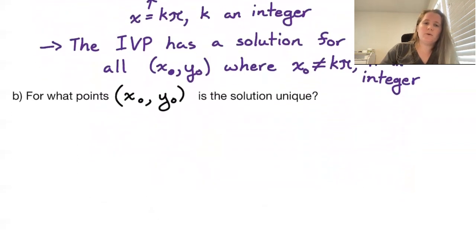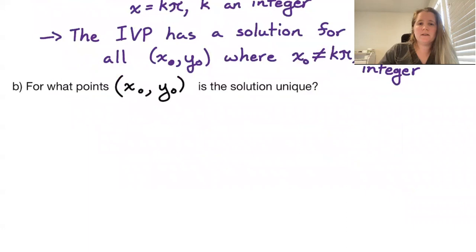Then we want to ask, for what points x naught, y naught is the solution unique? In this case, we need to check f y.